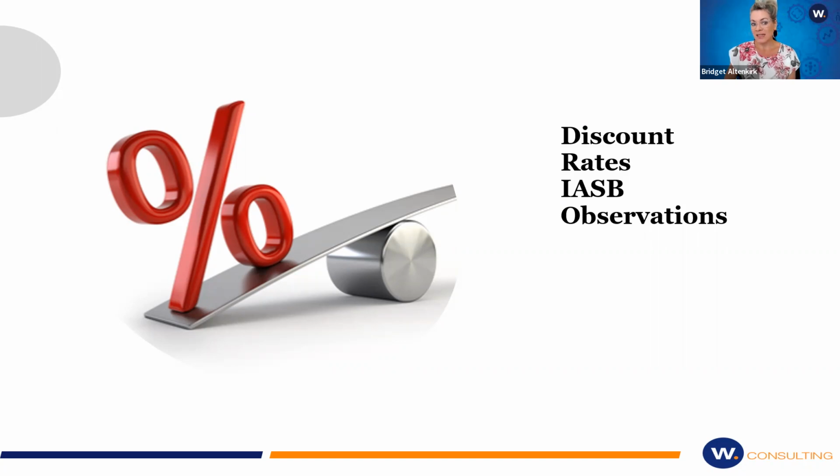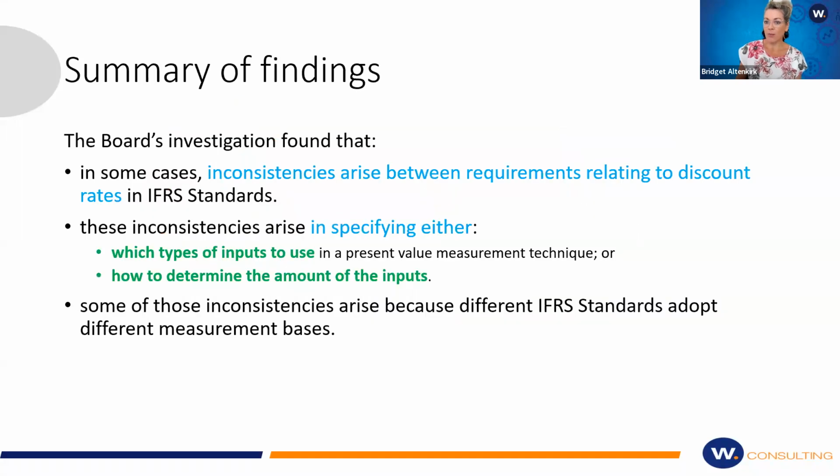This is something the board picked up as part of this work, that there are these inconsistencies, and why, as I mentioned, potentially one of the changes to IAS 36 is that they are no longer going to be prescriptive that a pre-tax rate and a pre-tax cash flow needs to be used.